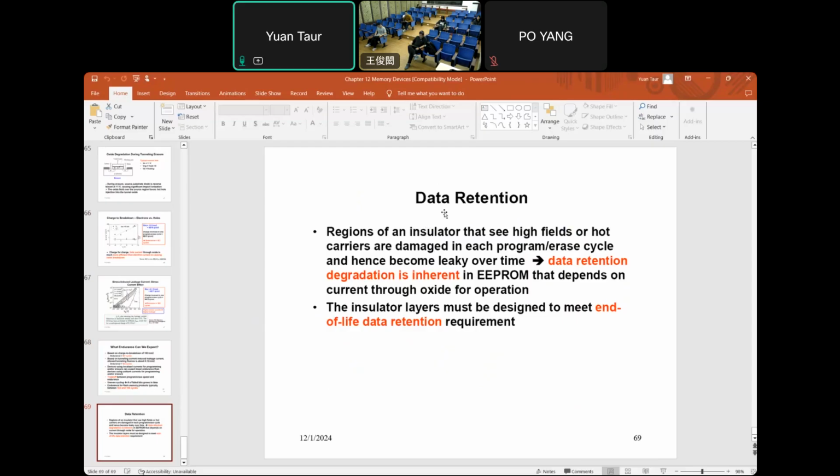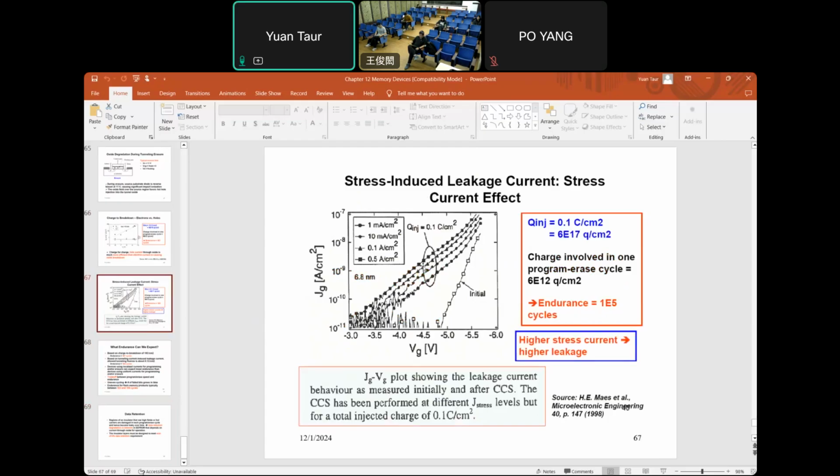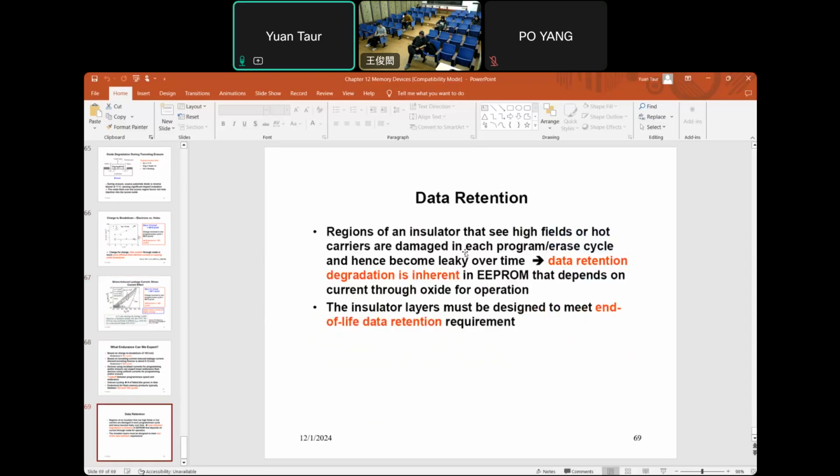And data retention, we mentioned that before. Data retention depends on the leakage current through the oxide. If it's a fresh E-square PROM, it can keep the data for at least 10 years. Some will specify it as keeping the data for 25 years.